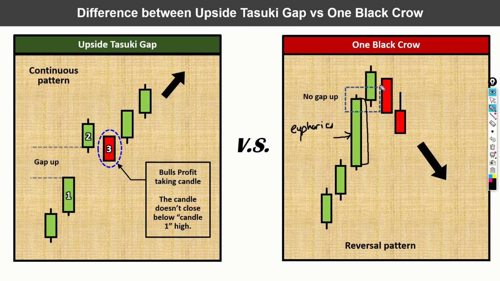It starts before the 50% of this candle's opening, then closes below the low of this green candle right here. So the next day, if it comes up and retests, this is where you could sell. But this could very much be mistaken for the upside Tasuki gap. It also depends on where the chart is.